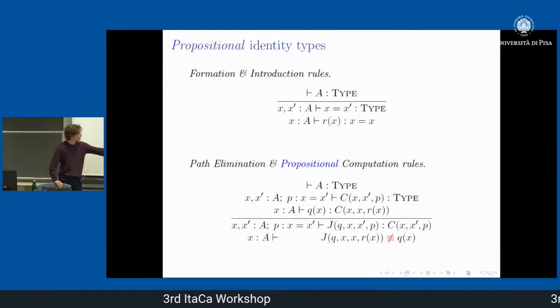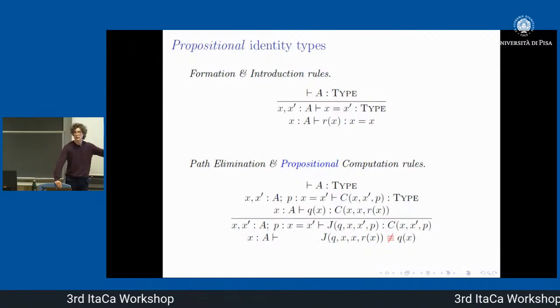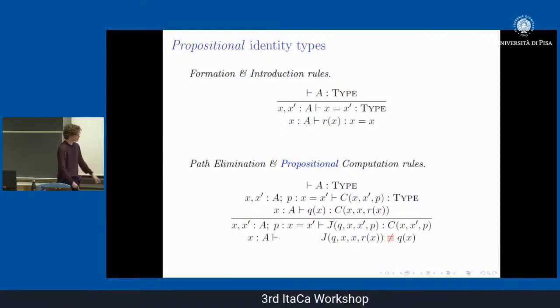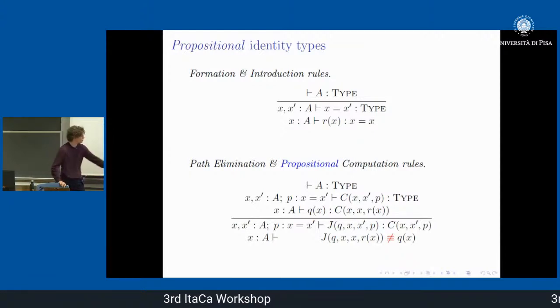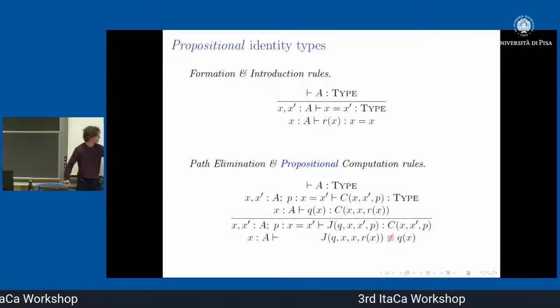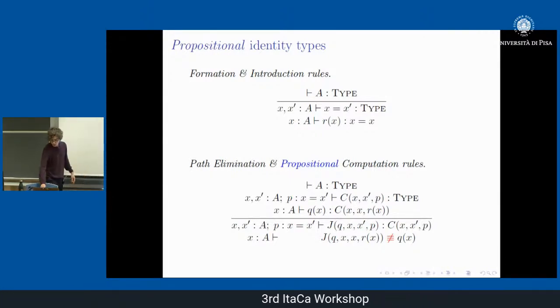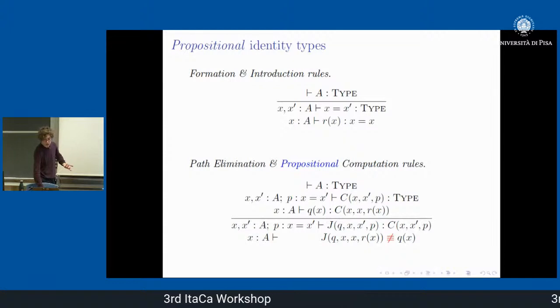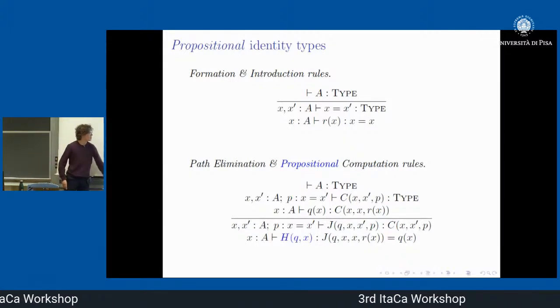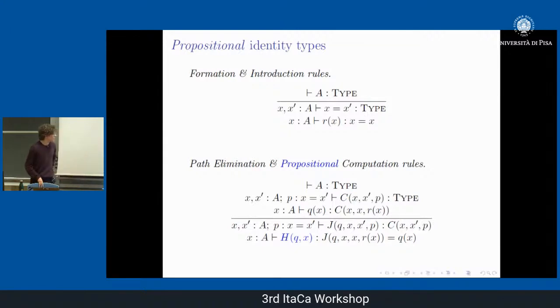We do not require the computation rule to be strict, a judgmental identification of two terms. But we require something less. In place of the computation rule in judgmental form, we just require its propositional weak version, that is, that there is some term that inhabits the corresponding ID type. This is what we require.